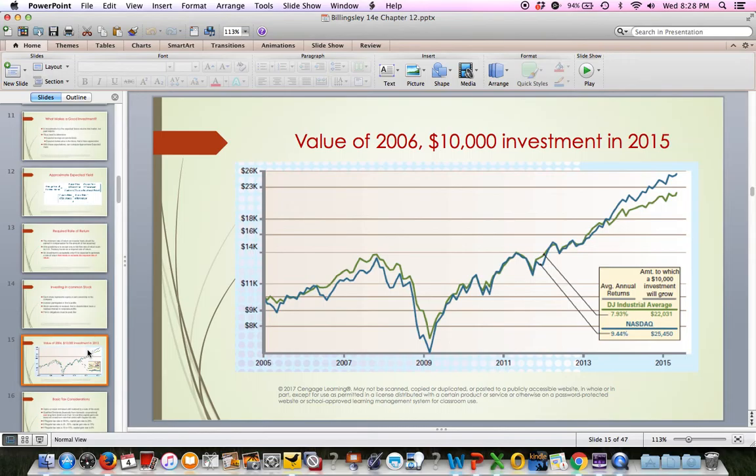They go up and down generally in the same patterns with a few differences here and there because they're just different companies in each one. But you can see that if you had $10,000 invested in 2005 at the end of 2015, you'd be worth 26,000 in the NASDAQ, actually 25,450, and 22,031 in the Dow Jones.